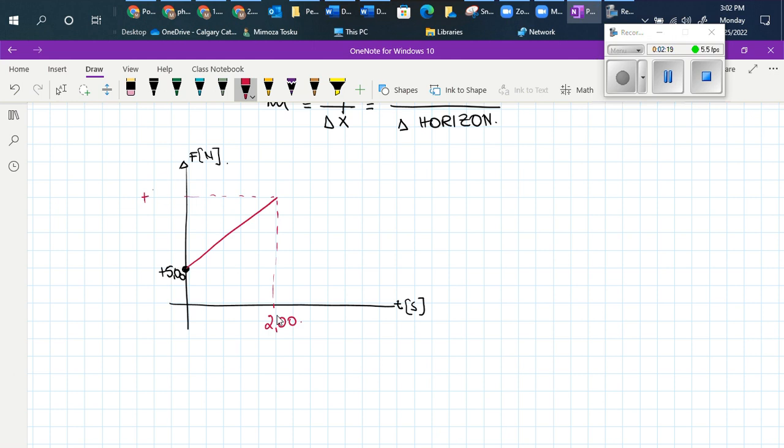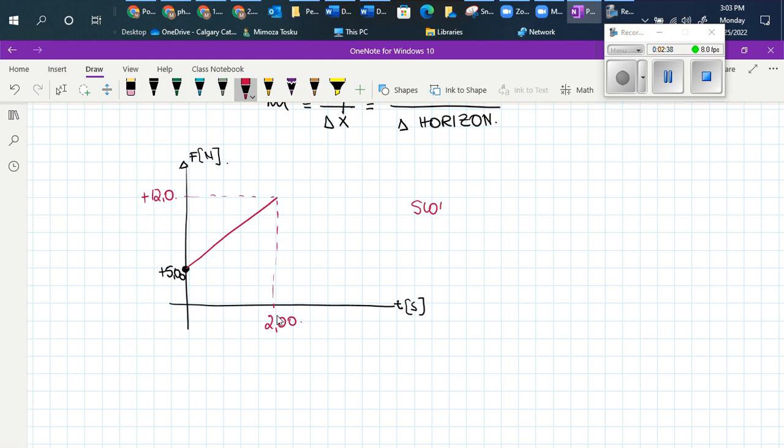As soon as you see this, you should have in your mind that the slope will be positive. But even the calculations will tell you that the slope is positive.